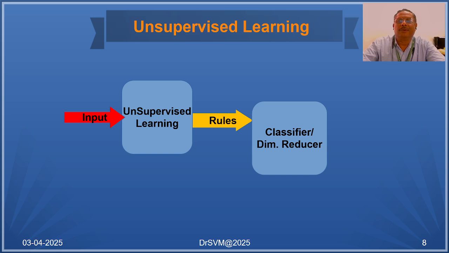That is what we call dimensionality reduction, or we can use it for classifying that the bird is one class, tree is another class, sky is another class, and the cloud is another class. So we may not know the names of them correctly, but we can say class 1, class 2, class 3, class 4, and all that.